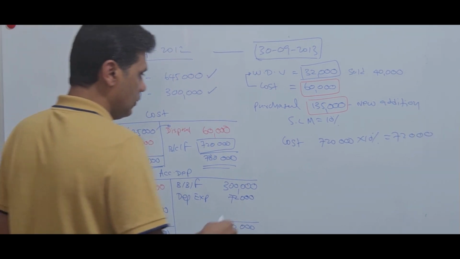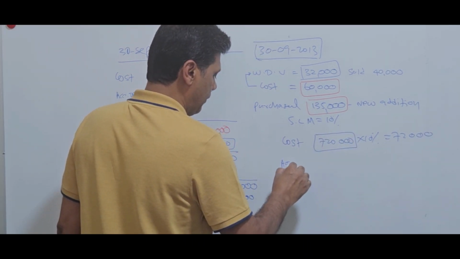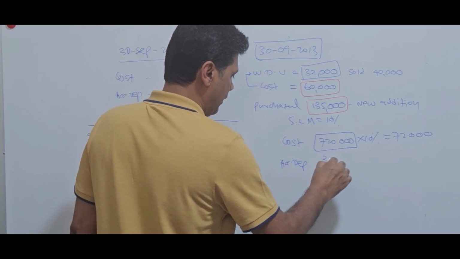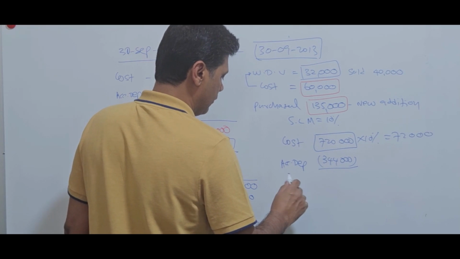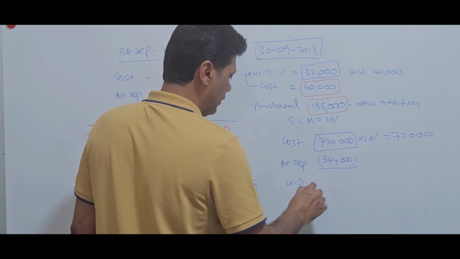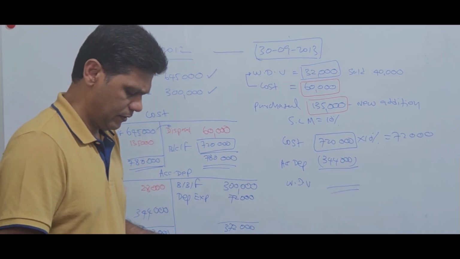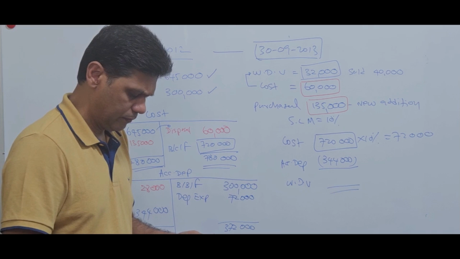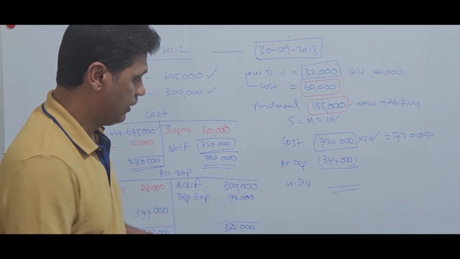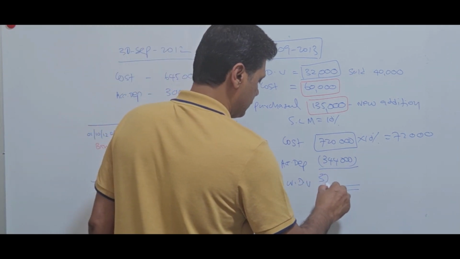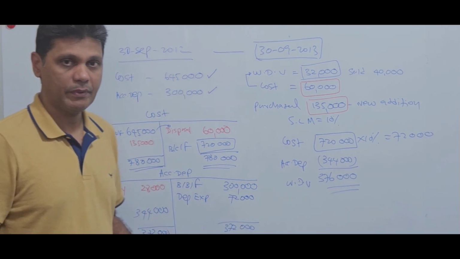So the cost is 720,000 and your accumulated depreciation is 344,000. What is the carrying value or the written down value of the total assets? It will be 720,000 minus 344,000, which is 376,000. This is the answer for this particular question.